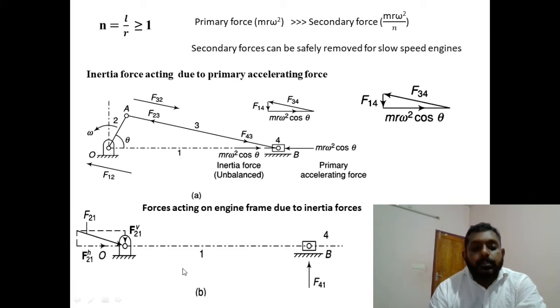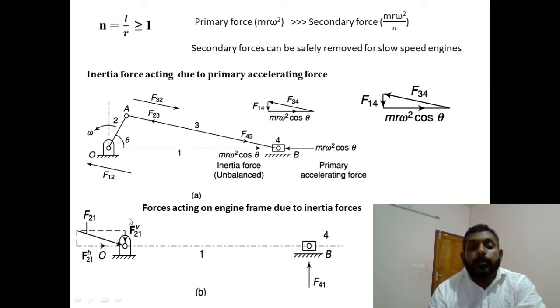Two forces are there, F21 and F41, and F21 has a vertical component and a horizontal component. Looking here, the vertical components F21 vertical and F41 are forces acting in opposite directions, separated by some distance.